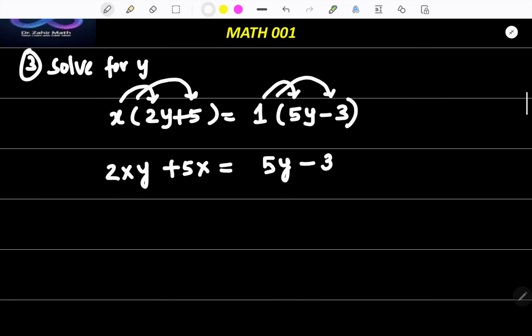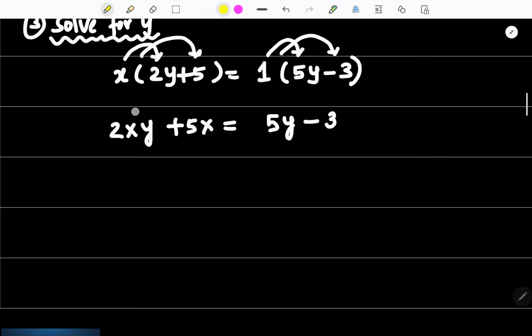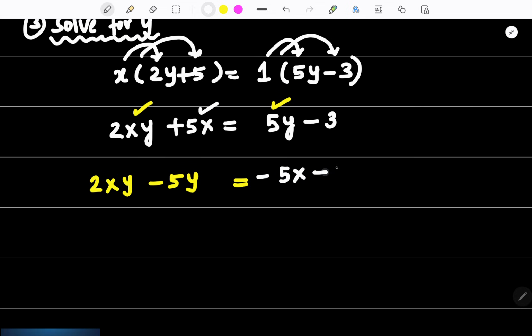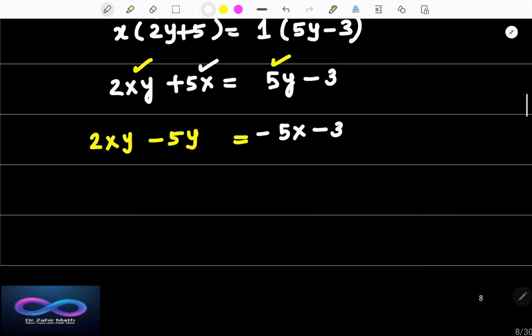Now we are going to solve for y. So bring all the y terms to one side, here and here. So 2xy minus 5y is equal to, this one goes to that side, minus 5x. Already minus 3 is here, right? Take y as the common term. This one and this one.